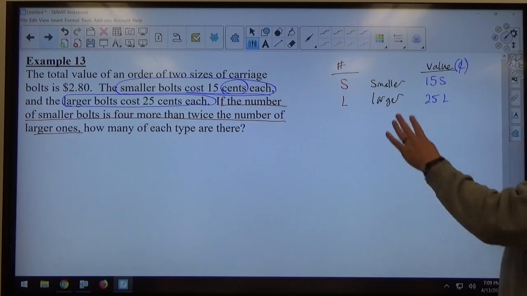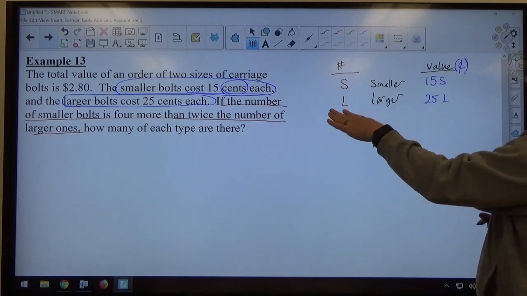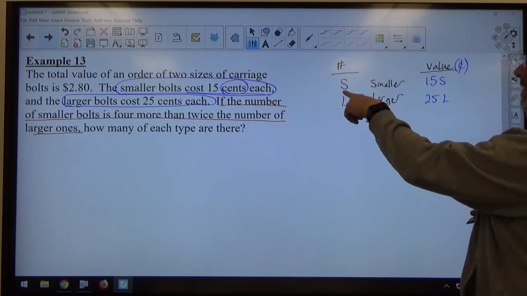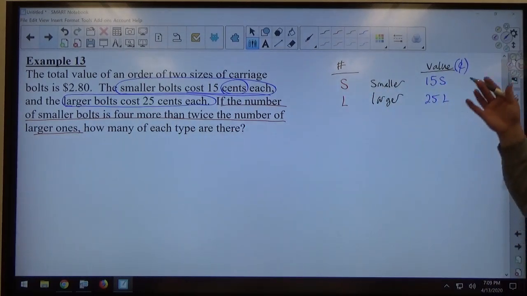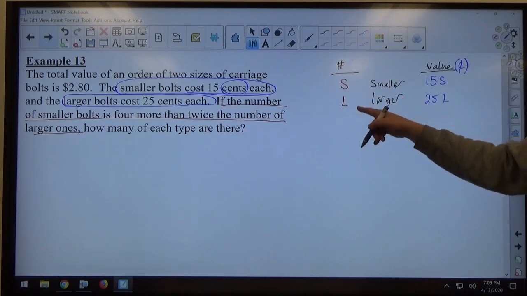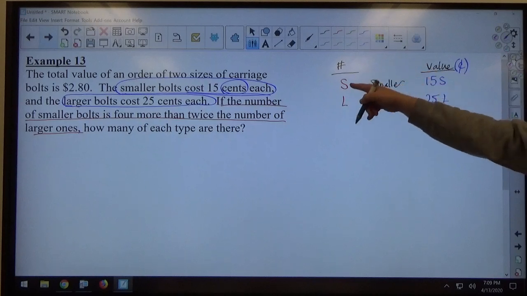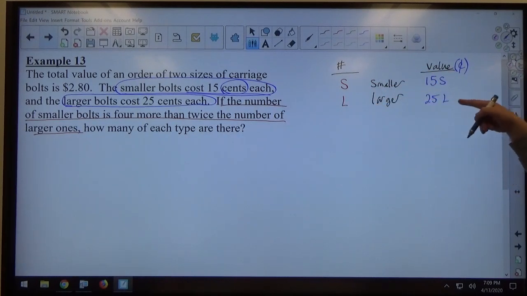For example, if L equals 4, 25 times 4 is 100 cents, which is $1. If I bought 6 smaller bolts, 6 times 15 is 90 cents. So the letter S is for both smaller number and value, the letter L for both larger number and value, but the value of an individual piece goes into the value column.